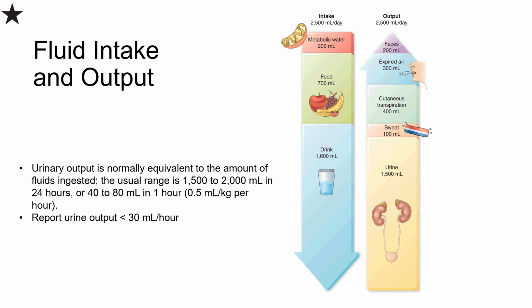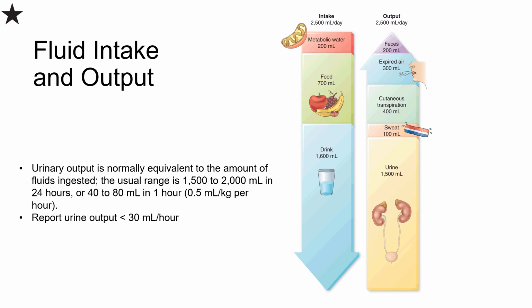And then output: our stool has some fluid in it, the air that we exhale, we sweat through our skin, and then our urine, of course. When we're assessing fluid balance, fluid intake and output is very important. We need to be able to identify if a patient does not have enough output to maintain homeostasis.